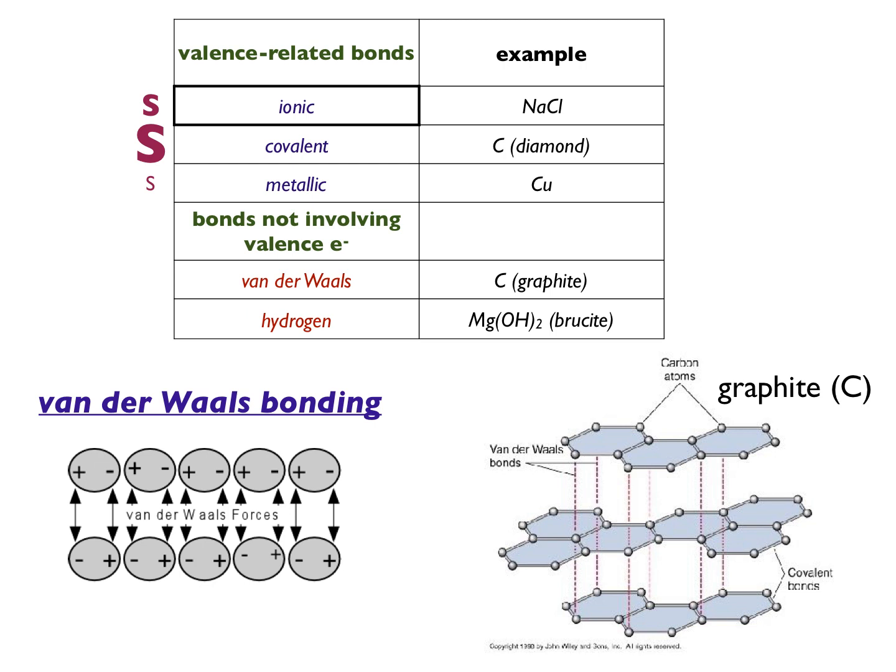There are a couple of types of bonds, however, that do not involve valence electrons. Those include van der Waals and hydrogen bonds. These are very, very weak bonds, weaker yet than even metallic bonds.